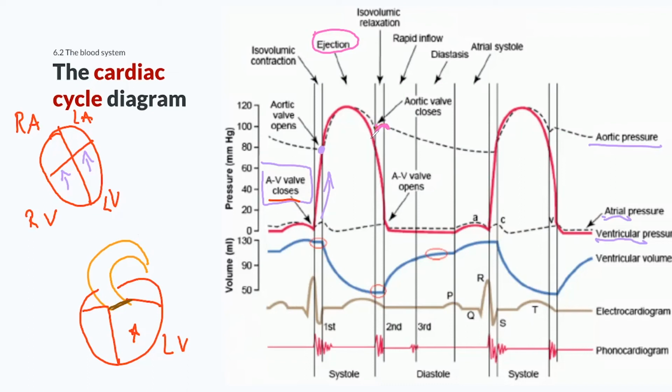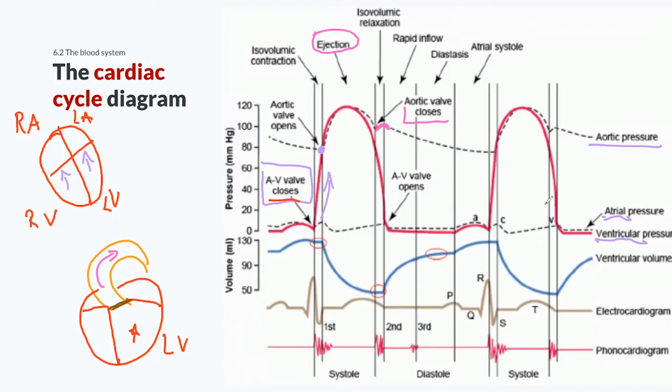This is when the blood tries to go back, sees the door shut, and okay, I guess my only way out is through. This tiny bump here is how you know that the aortic valve closed. It closes right here, at this tiny angle, right before this shy little increase in aortic pressure.